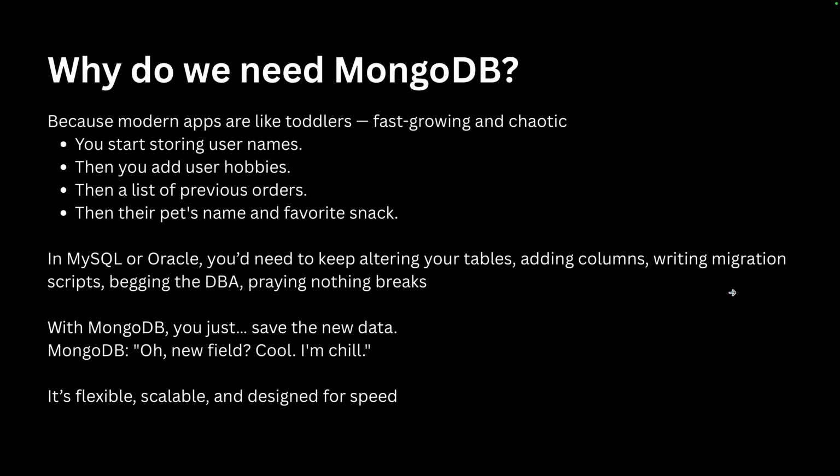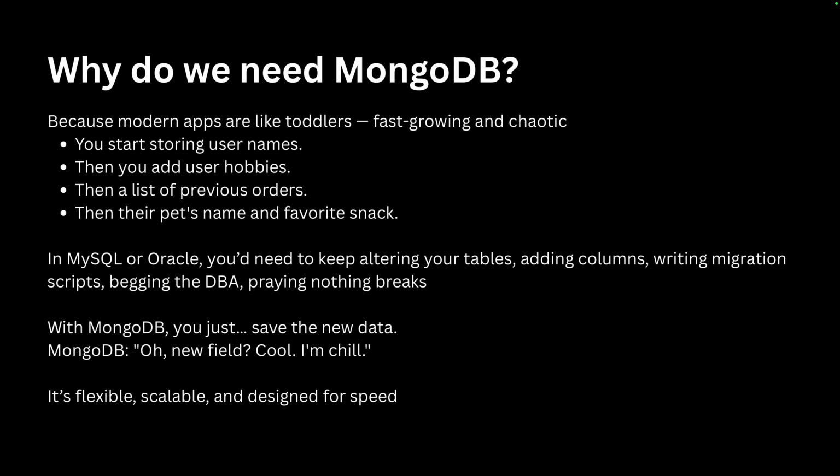So modern apps are like toddlers, which are fast growing and chaotic. Sometimes they are chaotic. Now you start storing usernames, then you add user hobbies, then add a list of previous orders, then their pet's name and favorite snack. So this is your modern application. So in MySQL or Oracle, you would need to keep altering your tables, adding columns, writing migration scripts, begging the DBA, praying nothing breaks.